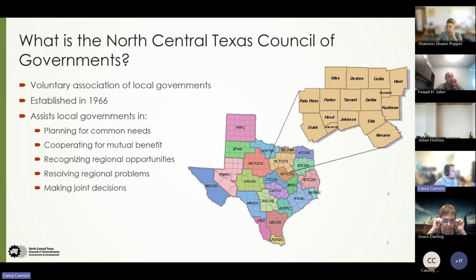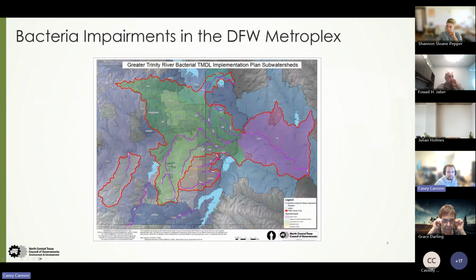Now, as we move forward to the main topic today, it's green asset management, which is directly related to green infrastructure. But before we get to the main topic, we want to highlight why we at COG are concerned with green infrastructure.